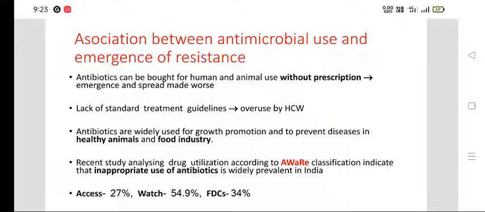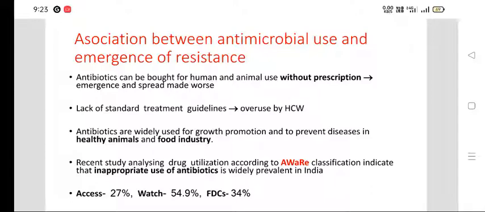The lack of standard treatment guidelines may lead to overuse by healthcare workers, where it is given as a supplement. Whenever we see a viral infection, there is no need for any antibiotic, but still we keep giving antibiotics.